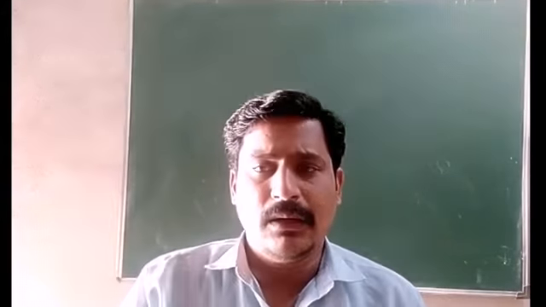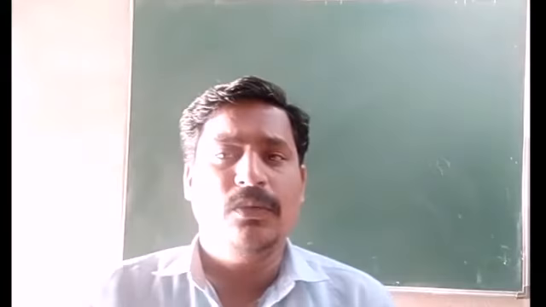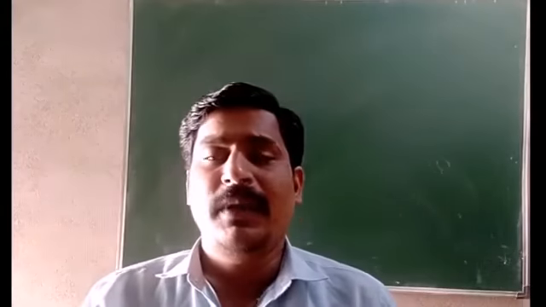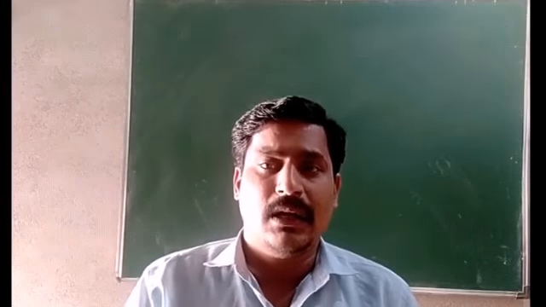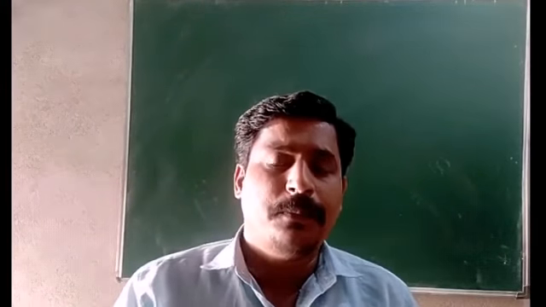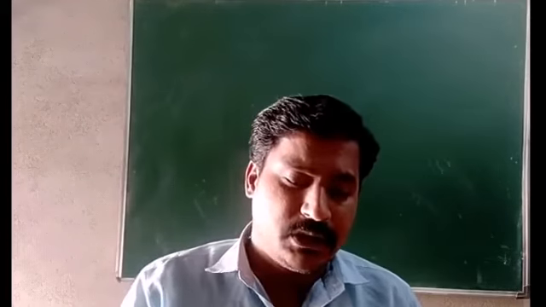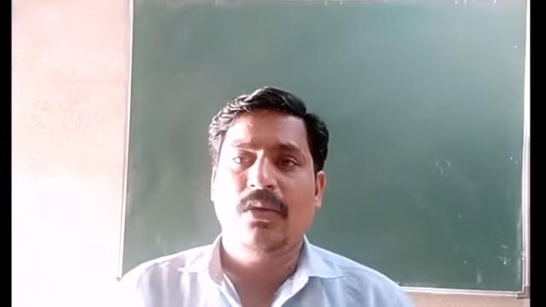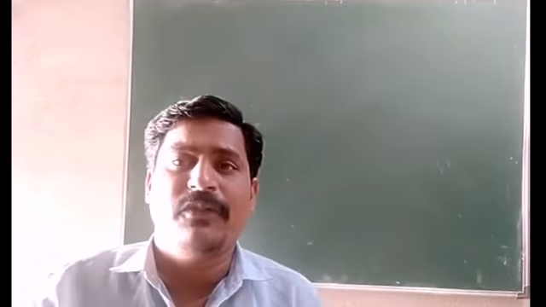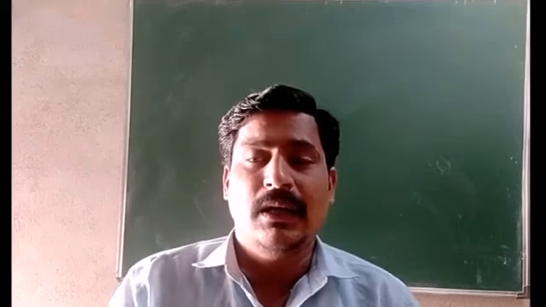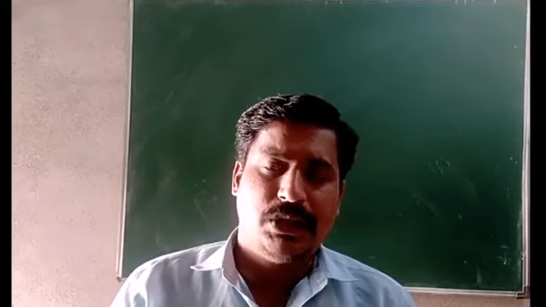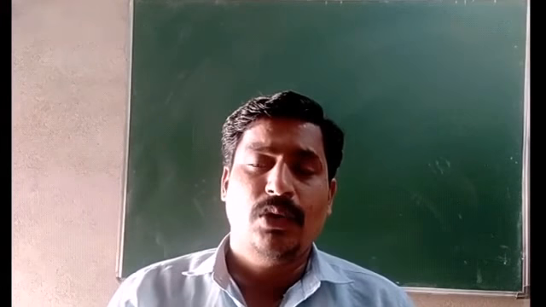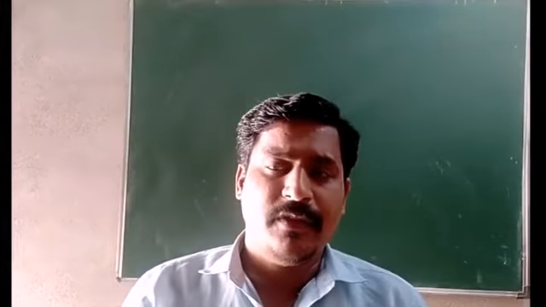In 52 playing cards, how many hearts are there? Total 13 hearts. So the answer for the first question is 13 out of 52, that is 13 divided by 52. So it is an unconditional probability: getting a heart card out of 52 cards is 13 divided by 52.